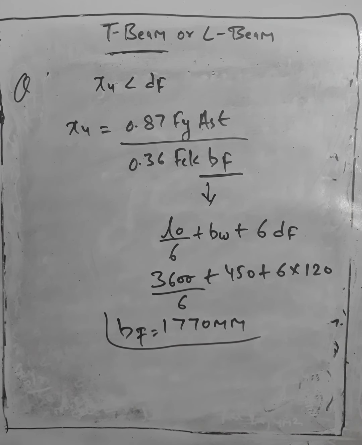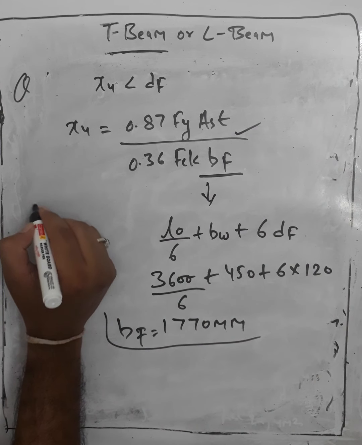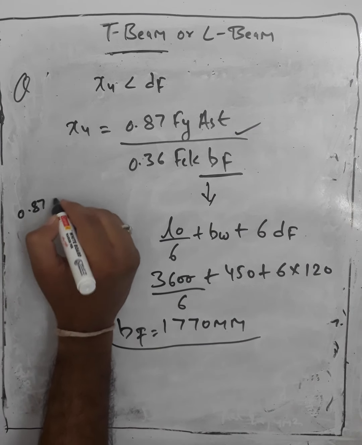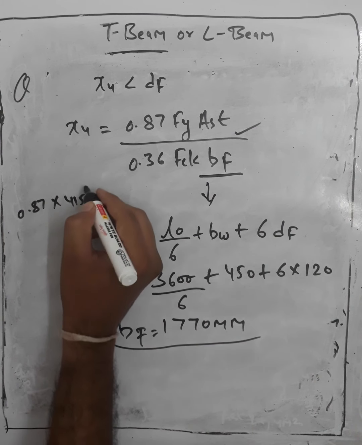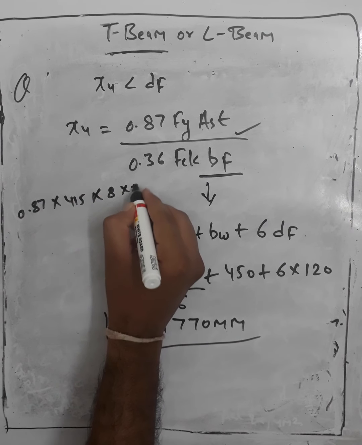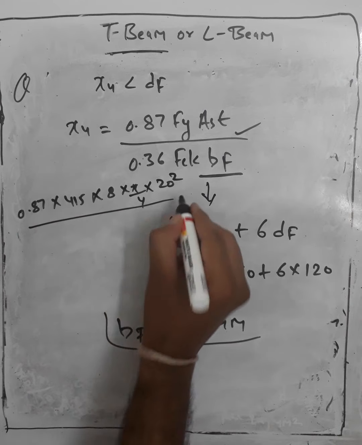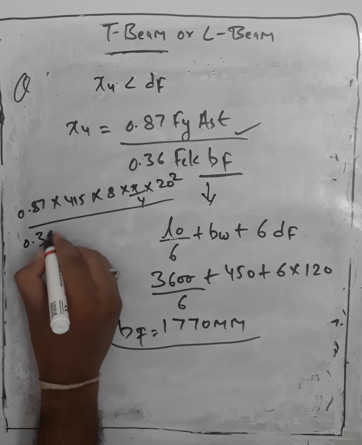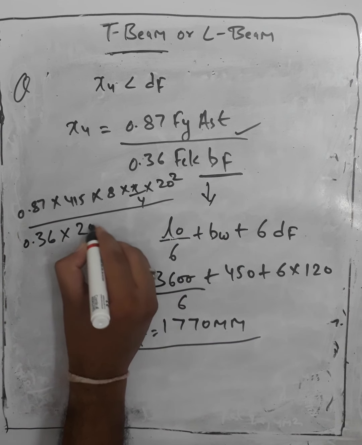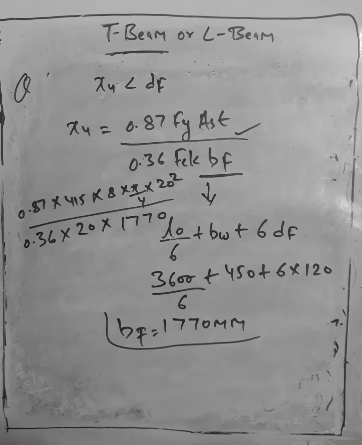This is our effective width of flange. Now we put this value in our equation. So write here 0.87 into 415 into 8 bars of 20 mm dia divided by 0.36 into 20 into 1770.